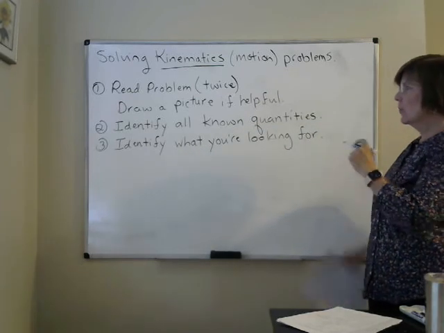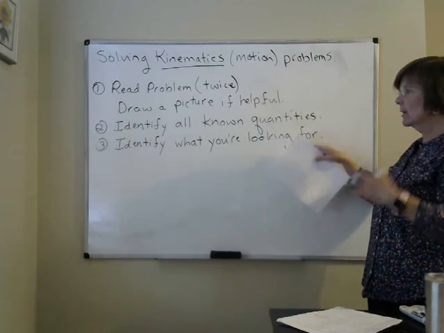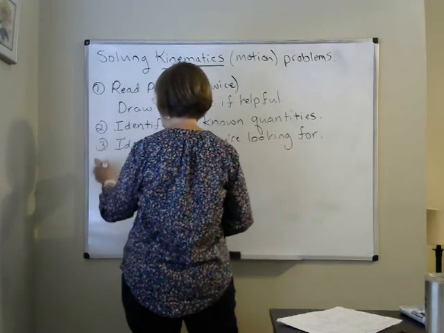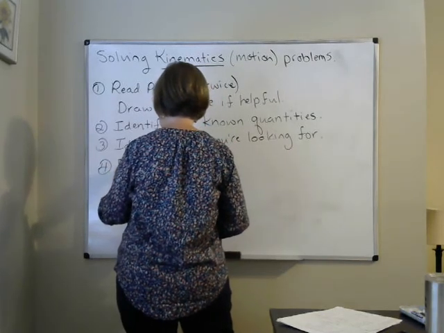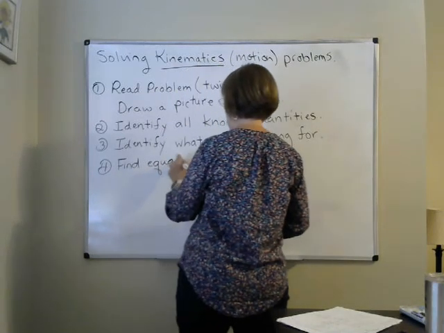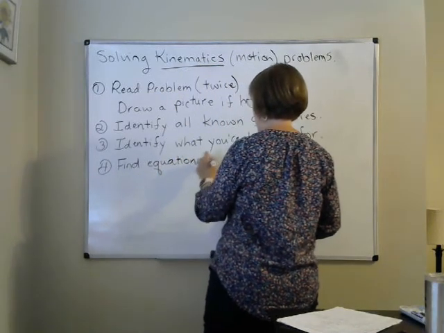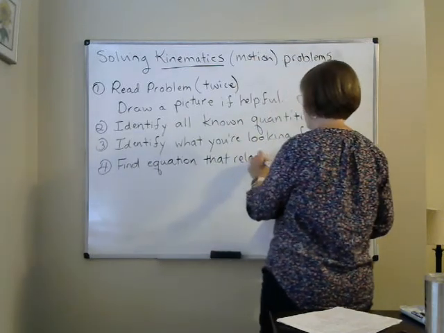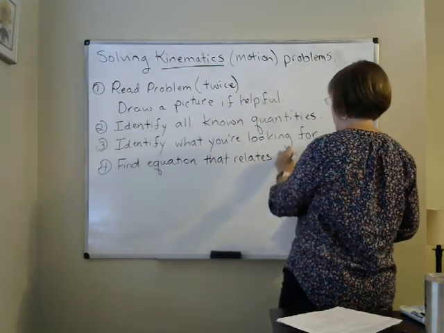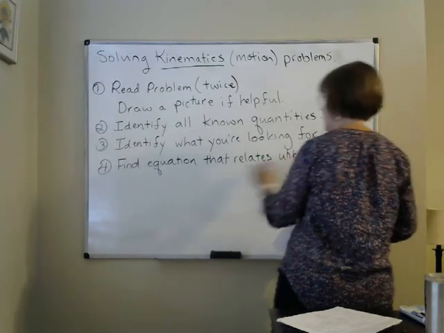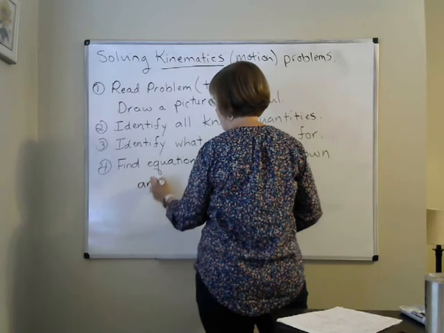Once you know what quantities you know and what quantities you're looking for, find an equation that relates what you're looking for, the unknown, and the known quantities.